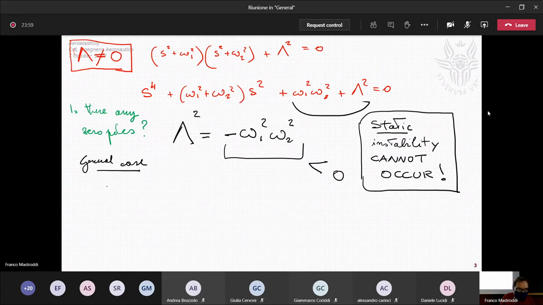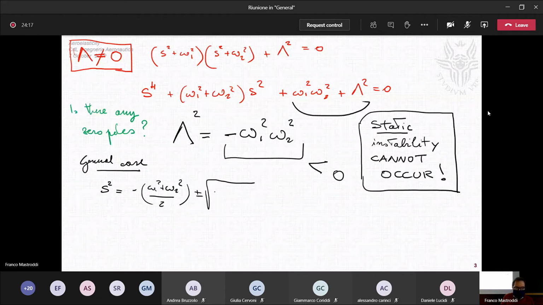So you can find the square of the poles as equal to, applying the standard formula for second order equations, minus (omega 1 square plus omega 2 square) by 2, plus minus the square root of ((omega 1 square plus omega 2 square) by 2) squared minus omega 1 square omega 2 square minus lambda square.